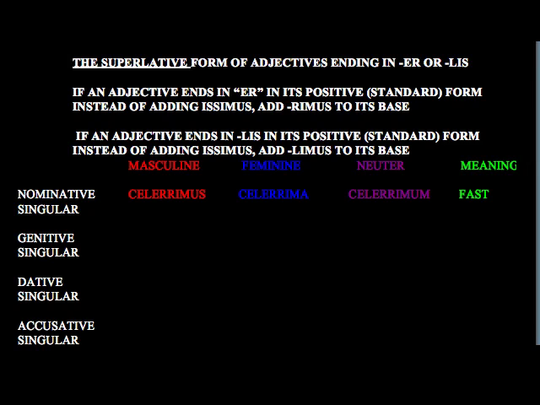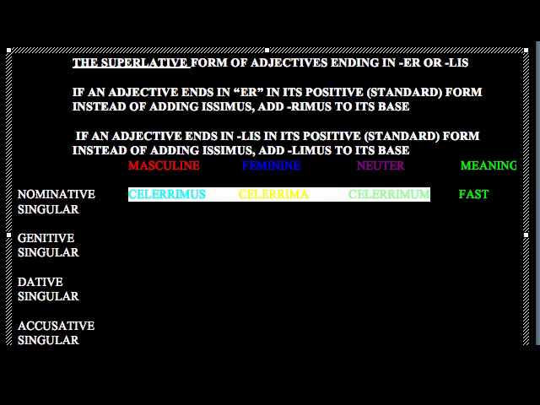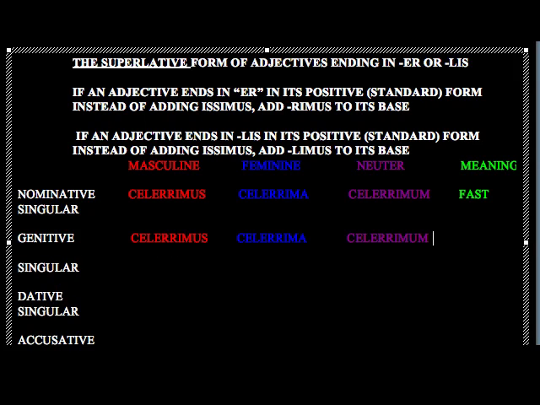And the rest of the forms stay the same. It would be celerrimi, celerrimae, and celerrimi again.